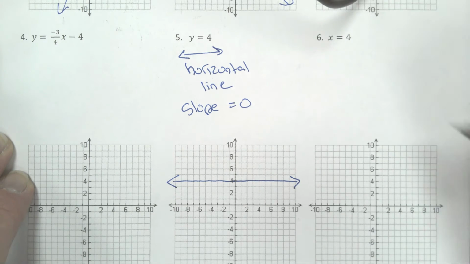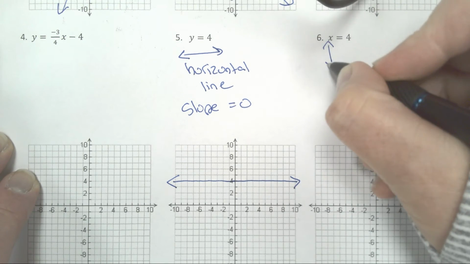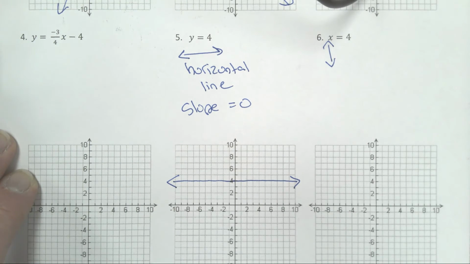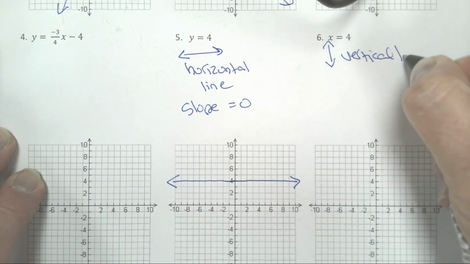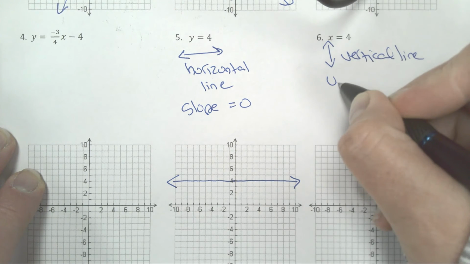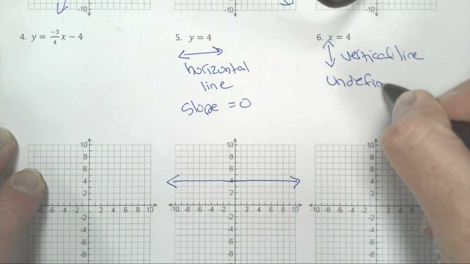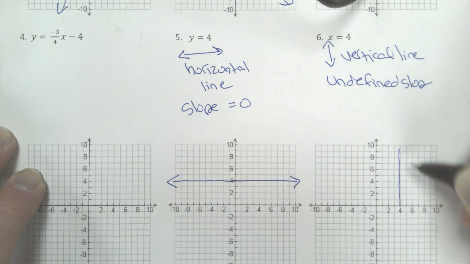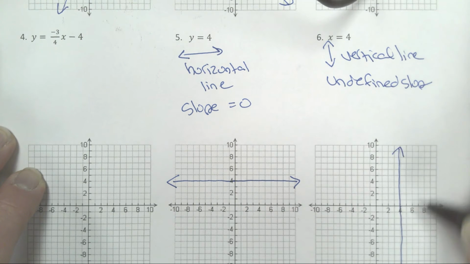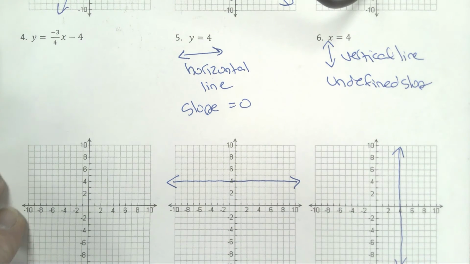The equation of the line x equals 4 is an up and down, or vertical, line. Hold on. A vertical line has an undefined slope. And so that one would look like this.